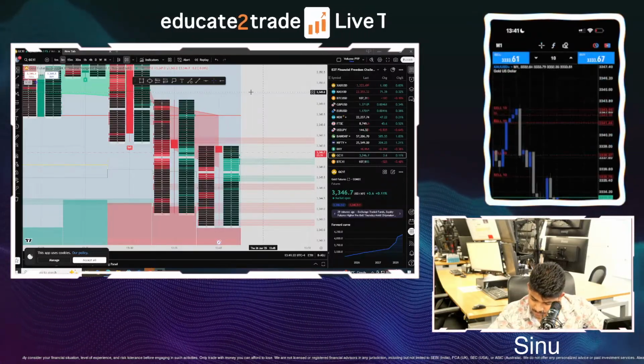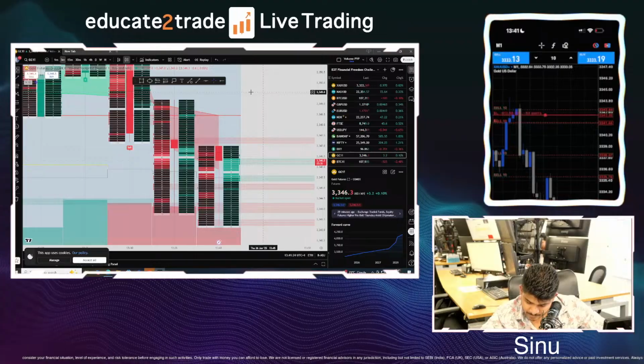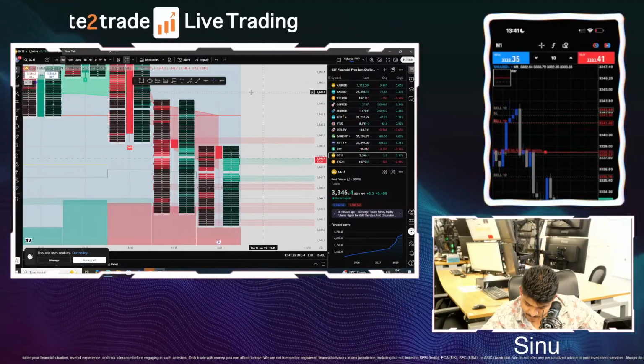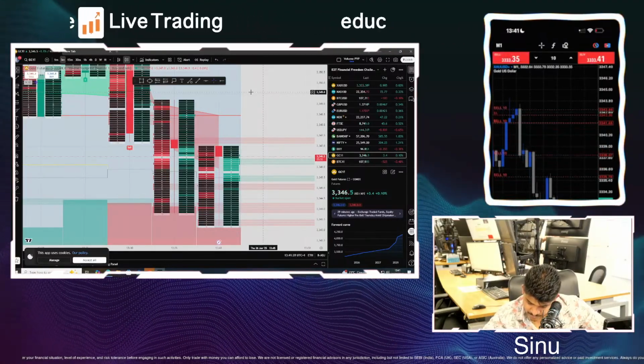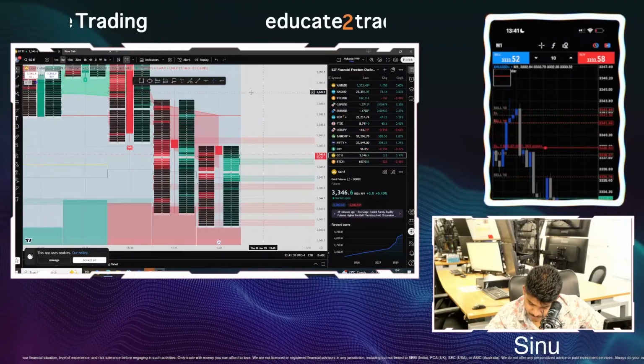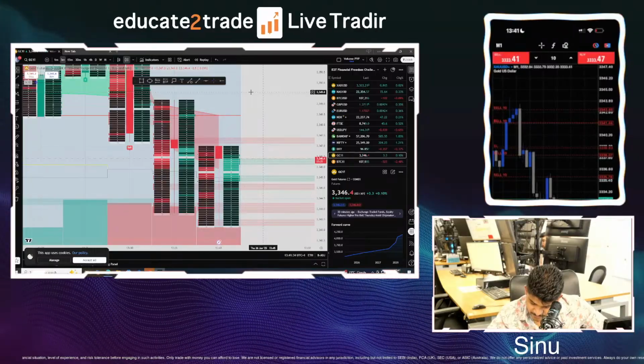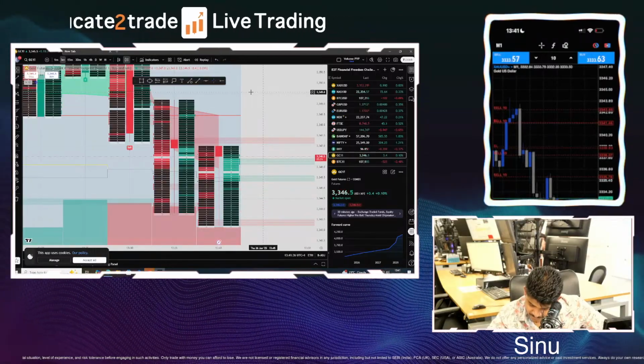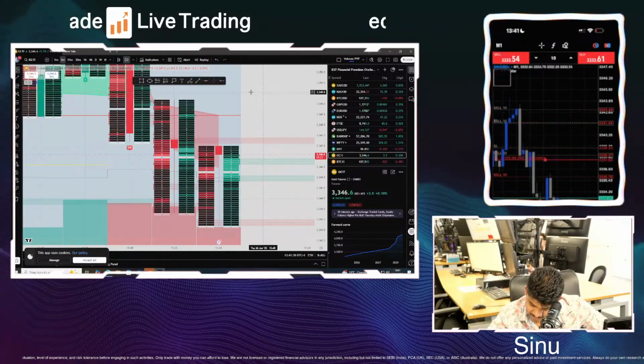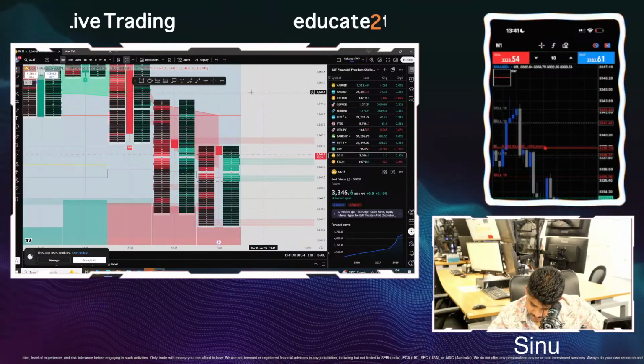So what I'm going to do, I'm going to trail my SLs to this high. So a small profit or a big win. That's what I'm trying to do. Let me keep in the stop losses.